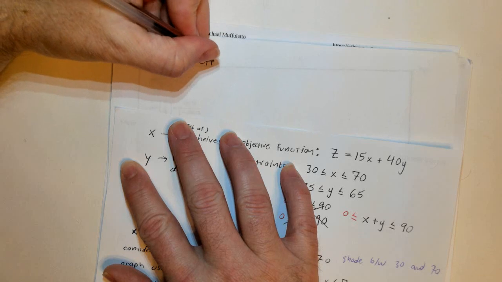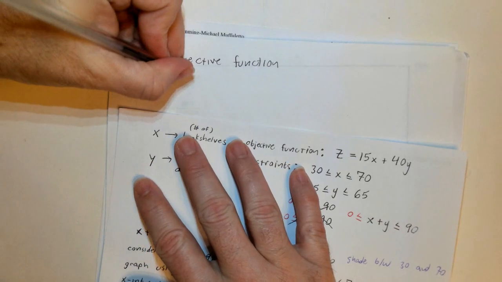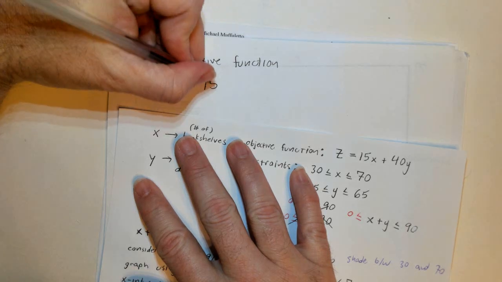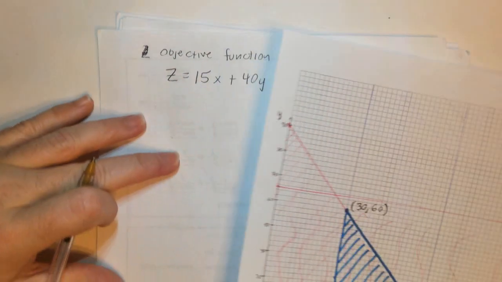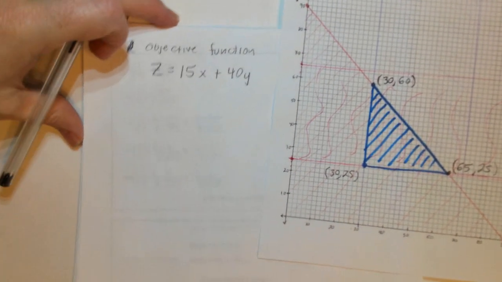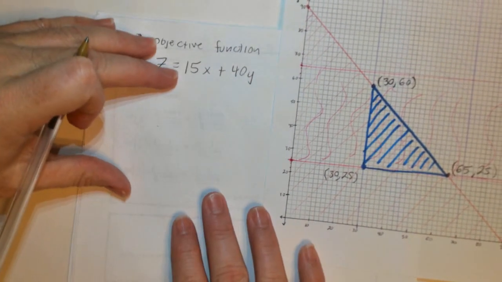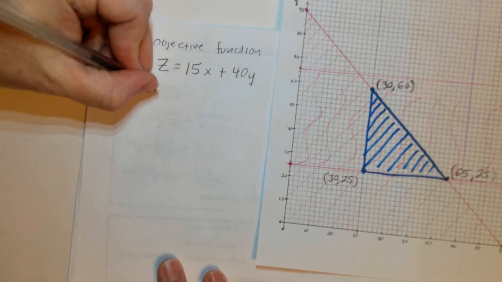Objective function: Z equals 15x plus 40y. And I'm plugging in all of these corner points. Okay, so corner points.